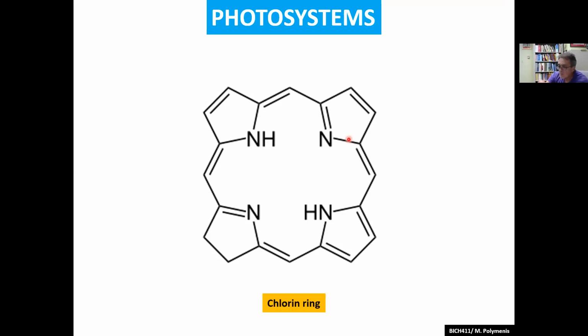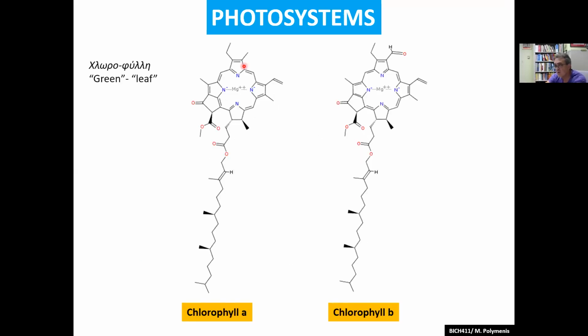It's photosensitive, so it's got a chlorine ring. All chlorophyll molecules, 2 major ones, chlorophyll A, chlorophyll B. You'll see how they look like in a minute. They have this chlorine ring in them, right? So you have all these nitrogens. It's a kind of a special compound. You have magnesium in the center of the chlorine ring too.